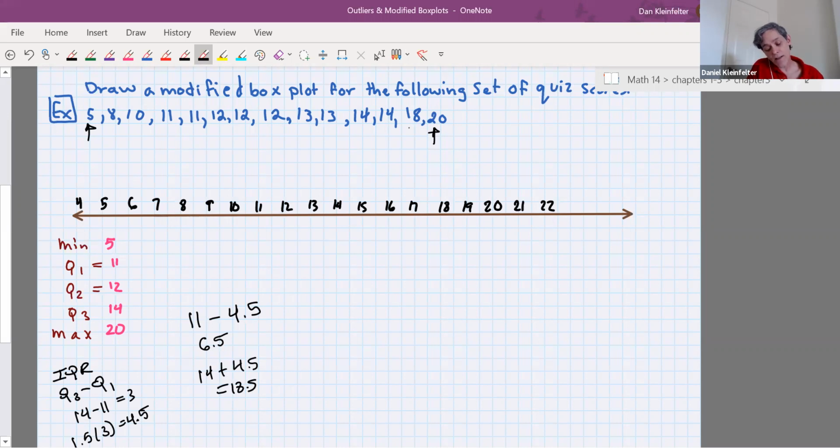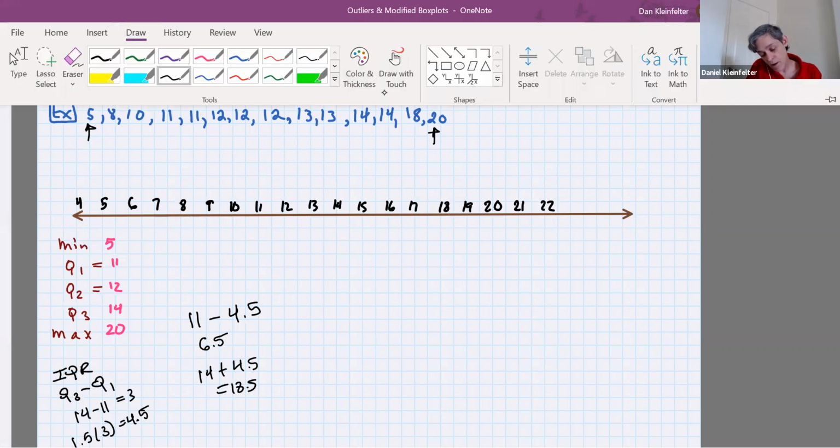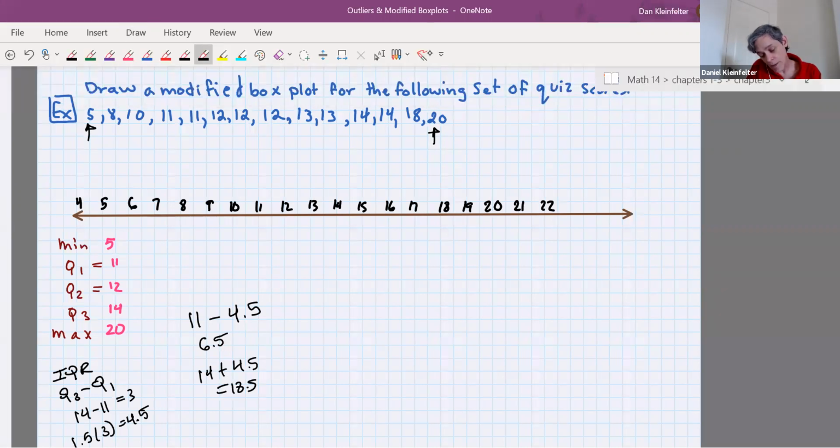So the 20 as well as the 5 are going to be considered outliers. So we're going to remove our outliers and we'll just draw those basically as dots on our picture. So we're going to instead make our maximum and minimum line run from 8 to 18.